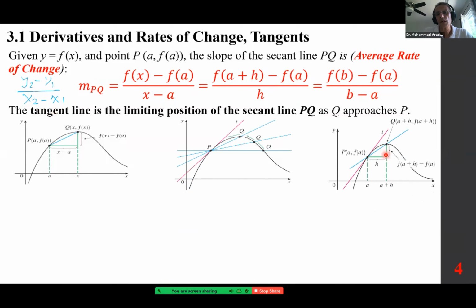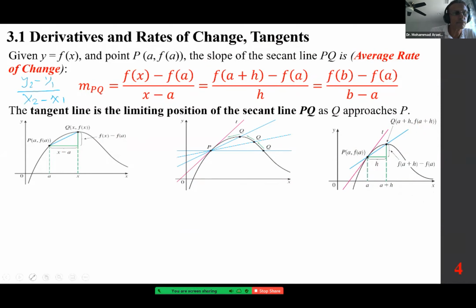If you look at this one, where the first point has coordinates a and f of a, and then this distance is h, therefore this becomes a plus h, and Q has coordinates a plus h and f of a plus h, gives you this definition. So this one versus this one is just a matter of how you look at it.